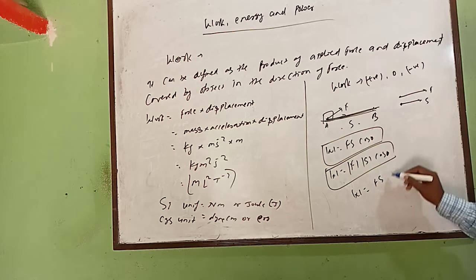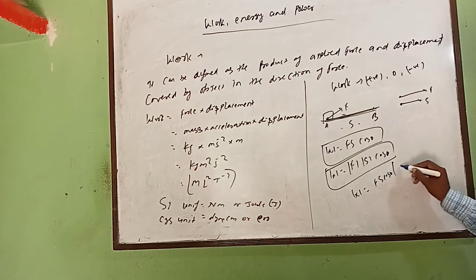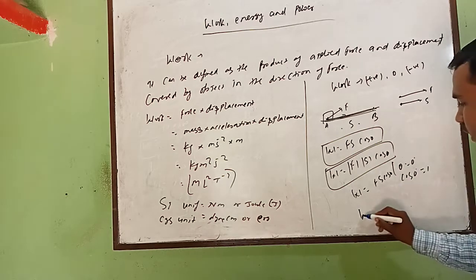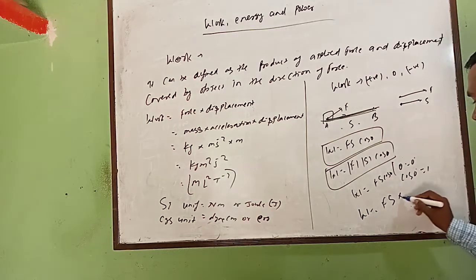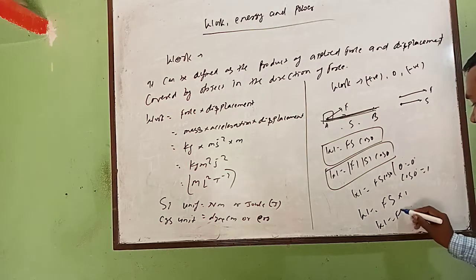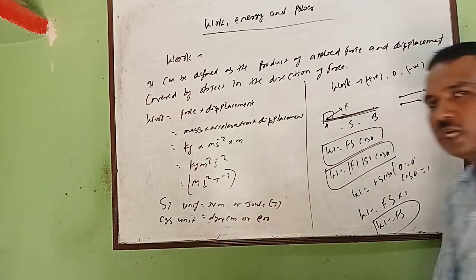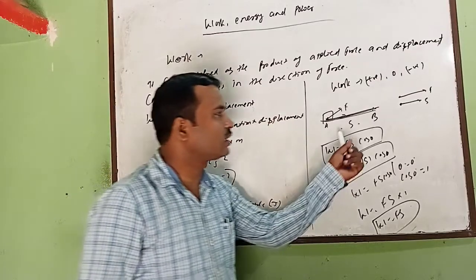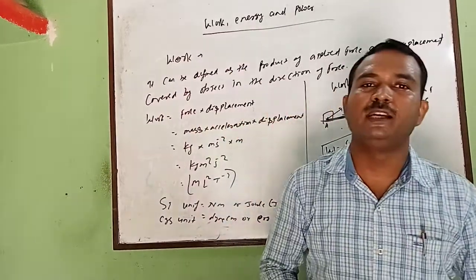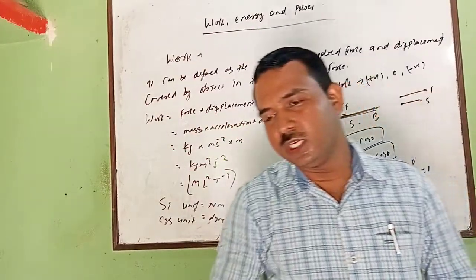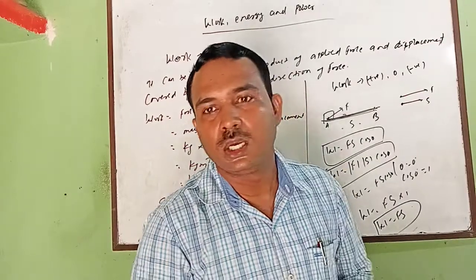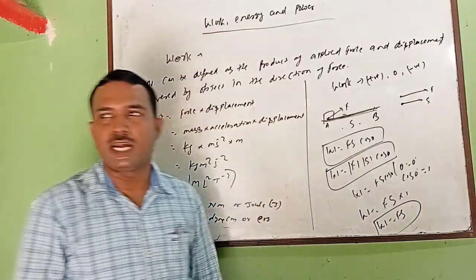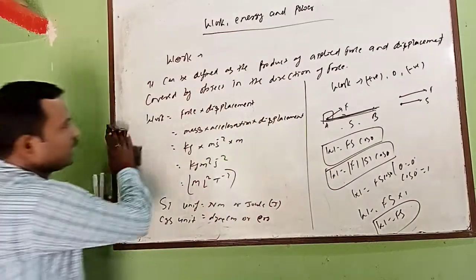Theta will be 0, so cos 0 equal to 1. That is W is equal to Fs into 1, W is equal to Fs. We got the formula. W is equal to Fs at what condition? When the object moves in the direction of applied force. Okay, it means theta will be 0. In that case, you will take another.